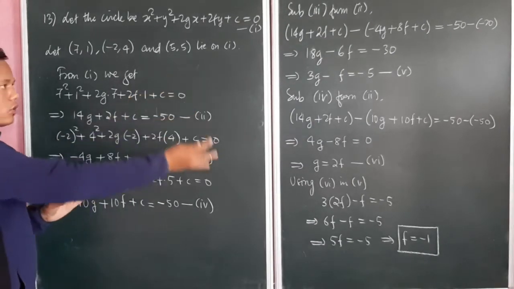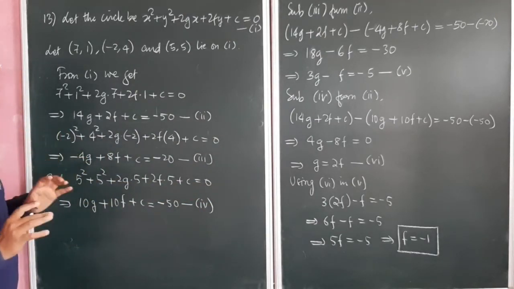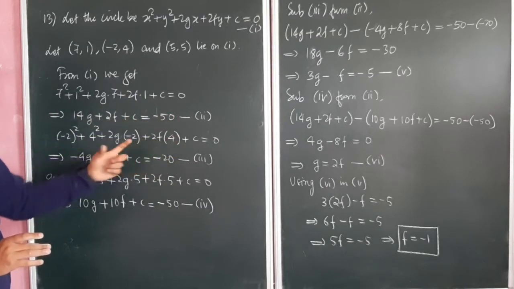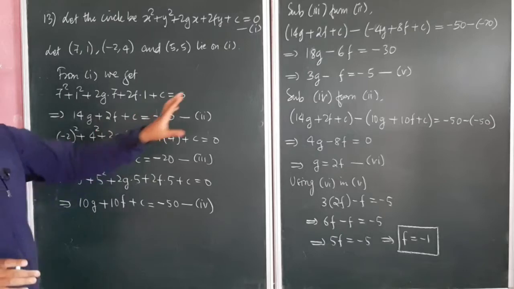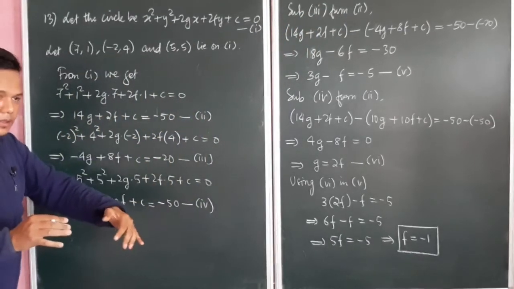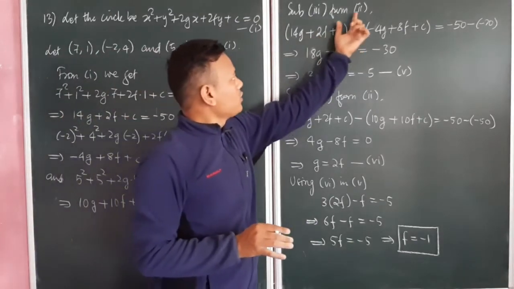I have already done half the part here, so let me explain what I have done. I have subtracted 3 from 2. So from 2 you are subtracting 3, first we write 2, minus 3.